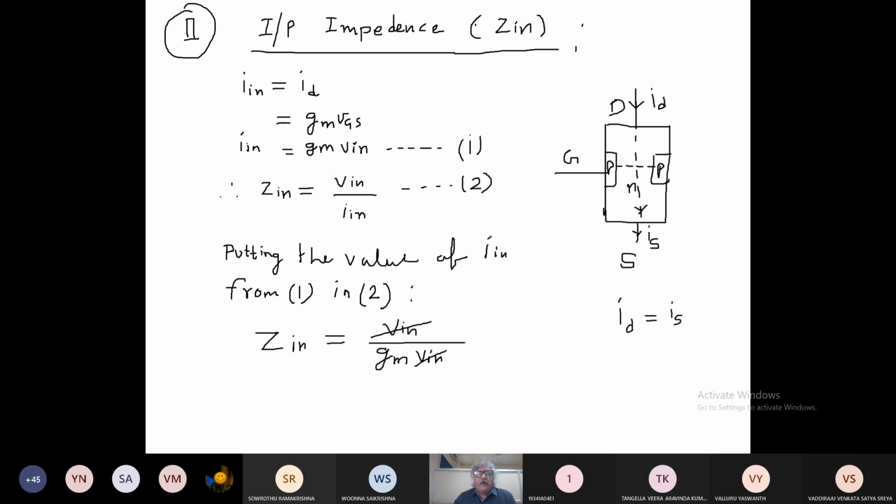We cancel out the V in, so we get Zin is equal to 1 by GM. So this is the value of our input impedance, right?